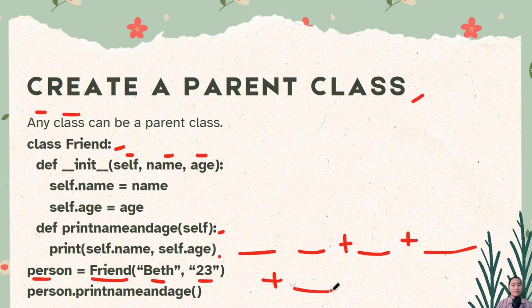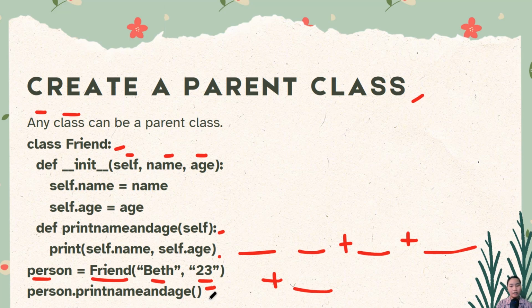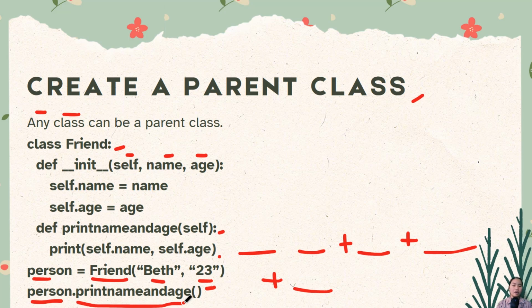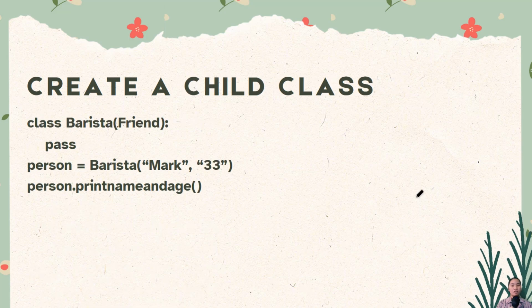If you make the age an integer, this will return an error because how is Python supposed to combine a string and an integer? Now, I'm just taking the easy route and making what is supposed to be an integer into a string. And I just print it using the variable person, calling the function print name and age, no parameter. That's it. So now that we've created our parent class, let's move on to creating a child class.